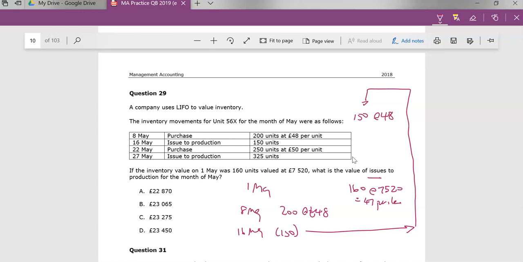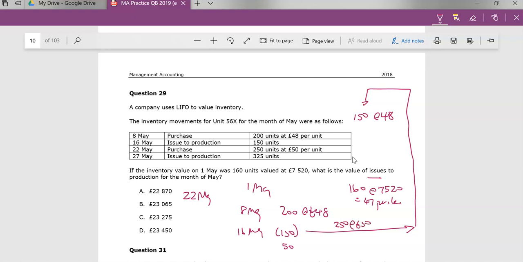So we have 50 items left. Then on the 22nd of May, we go ahead and buy another 250 items at £50.